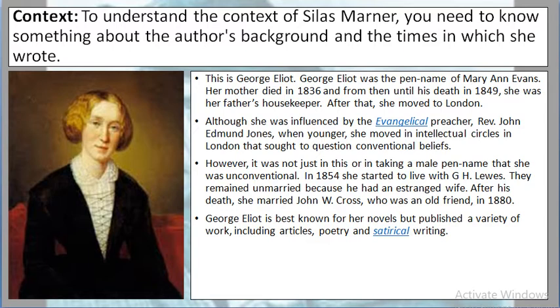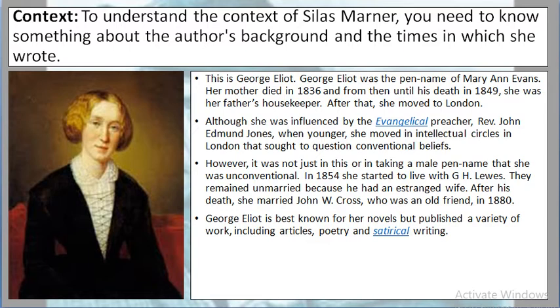George Eliot was the pen name of Mary Ann Evans, so her real name was Mary Ann Evans. She dropped the E from Annie and made it Ann.